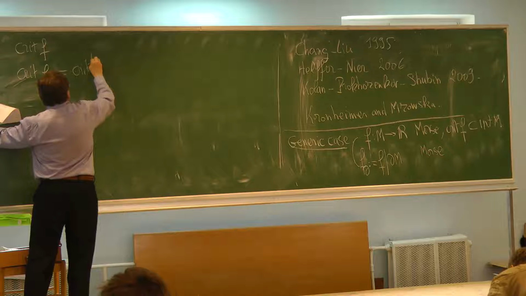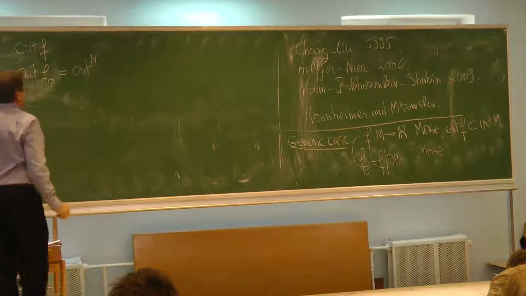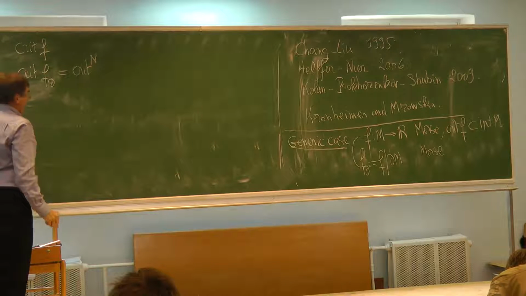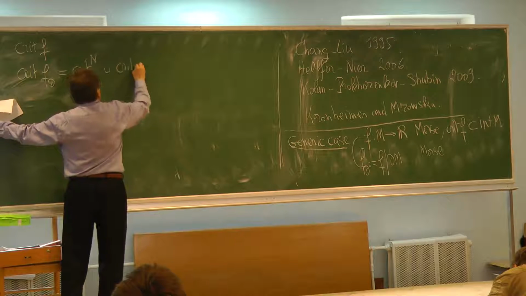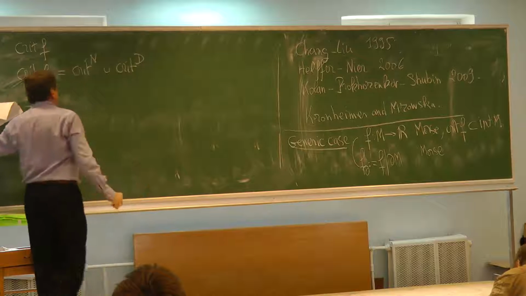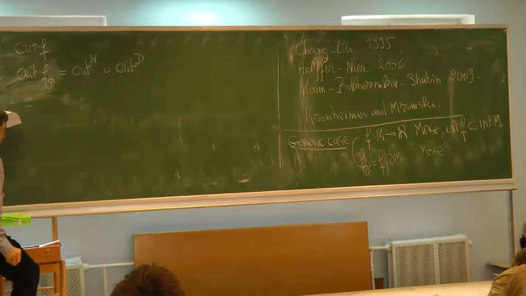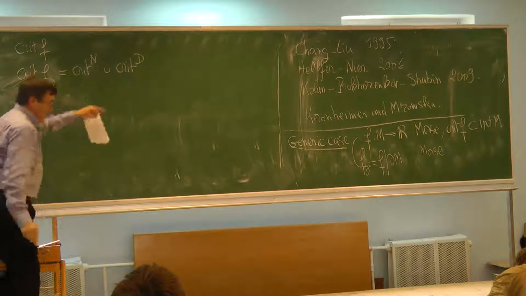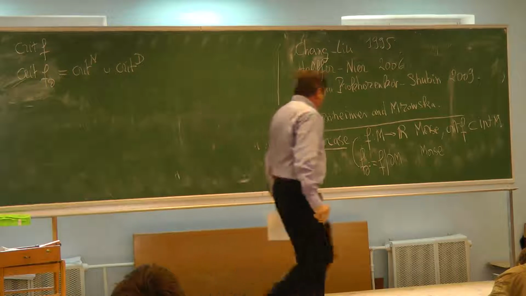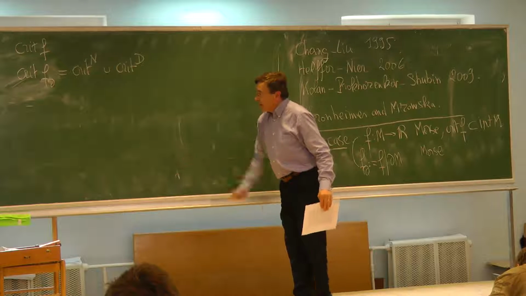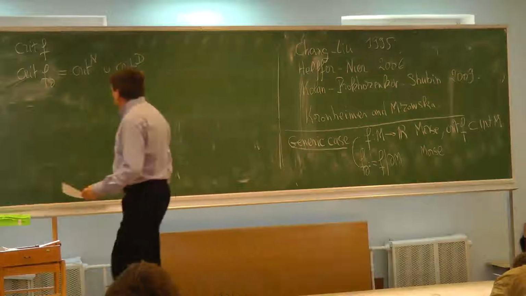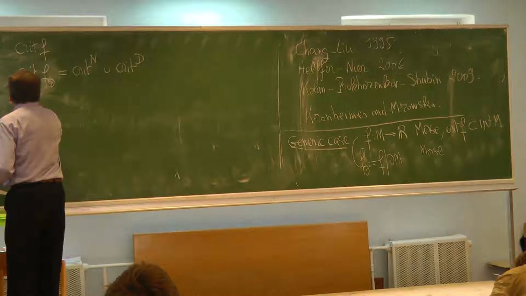I call crit N, like Neumann, and crit D, like Dirichlet. It is well known. Actually, it was used by the analysts. What is crit N?